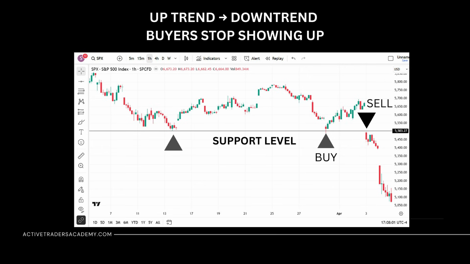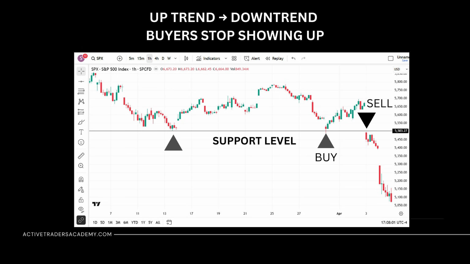But what is a warning sign, if you were to look at it from a bigger picture perspective, you look at the highs. What are we making? Lower highs. Yes, right? But we are at a support level. And for those who understand chart patterns, what type of chart pattern has lower highs and a support level?